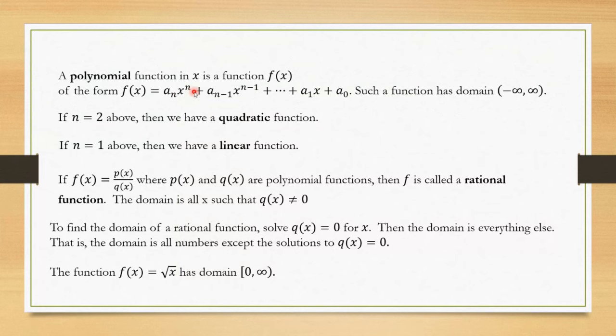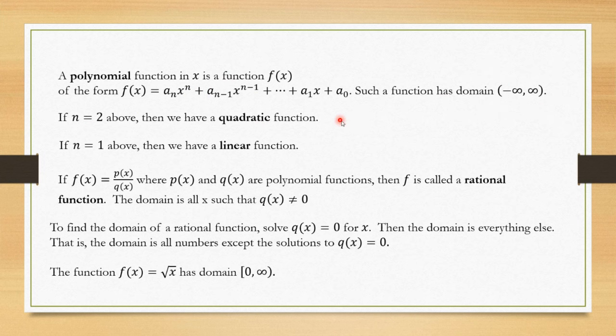It turns out if n is odd, the range and the domain are going to be the same. But if n happens to be even, such as if n is 2, in that case, you have a quadratic function. And we'll graph this in the next section. But if n turns out to be even, the range is not going to be the same as the domain. In other words, the range will not be all real numbers.